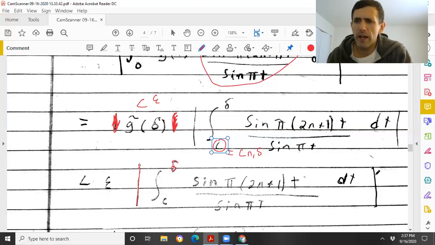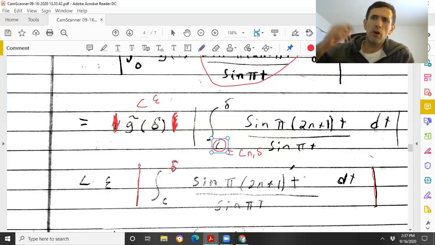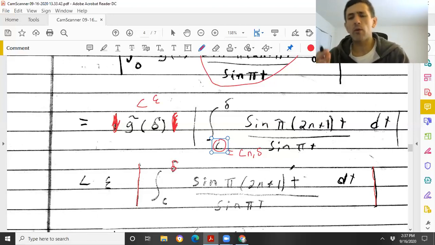But we have absolute values outside of the integral. And remember that sine pi (2n plus 1)t, as n goes to infinity, oscillates between -1 and 1 very quickly. So the point here is that when absolute values are outside the integral, you have a lot of positive and negative area that cancel each other out.